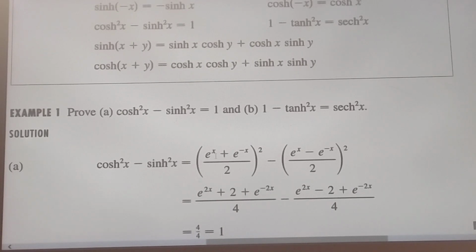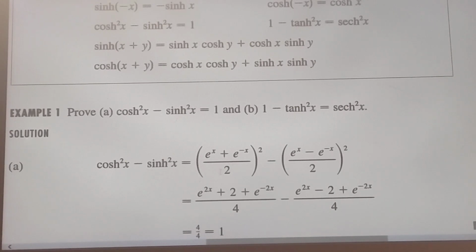So it's e to the power x plus e to the power negative x over 2. Remember, cosh squared means everything in the bracket squared. You subtract e to the power x minus e to the power negative x over 2. This is for sinh x squared. Then you square the bracket. All right. You simplify the like terms together.